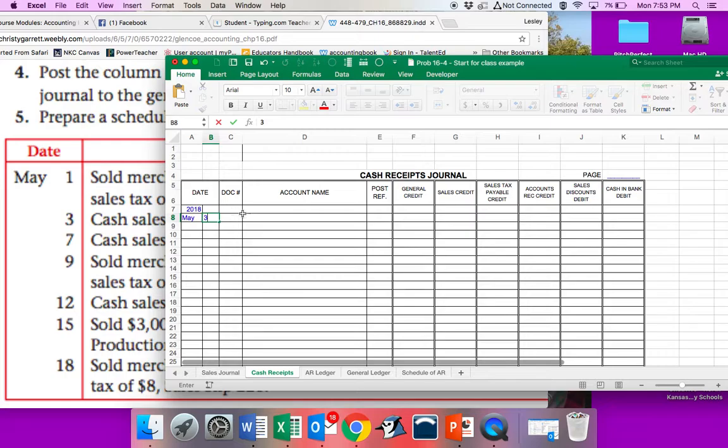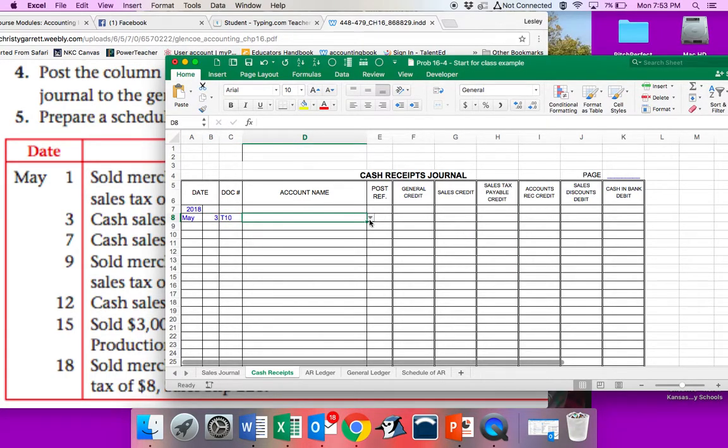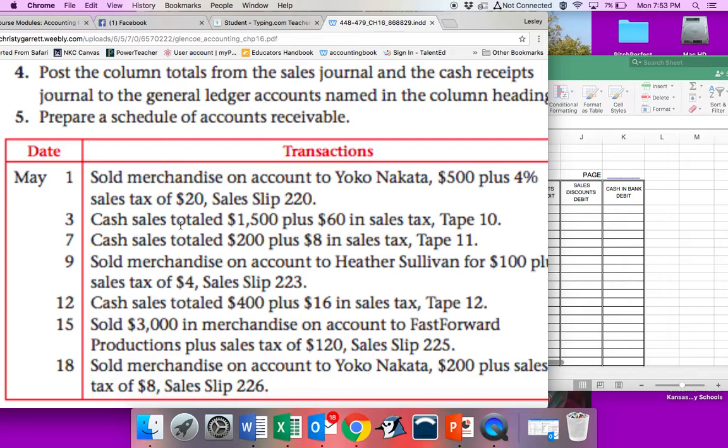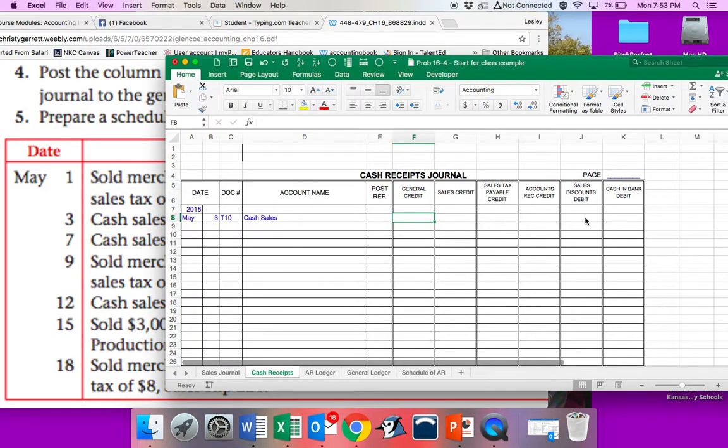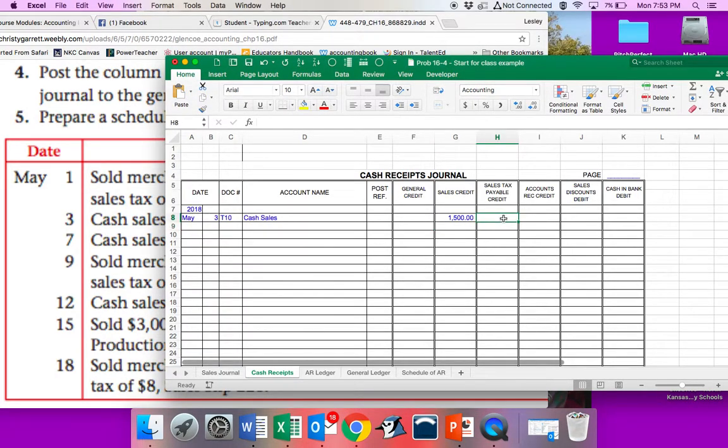It was tape 10, so we'll do T10, and it was cash sales, so we're just going to write cash sales there. Because it's cash sales, 1,500. General credit, we'll explain what that is later in another video. This one we're looking at a sales credit. So we're going to write 1,500, sales tax of 60.